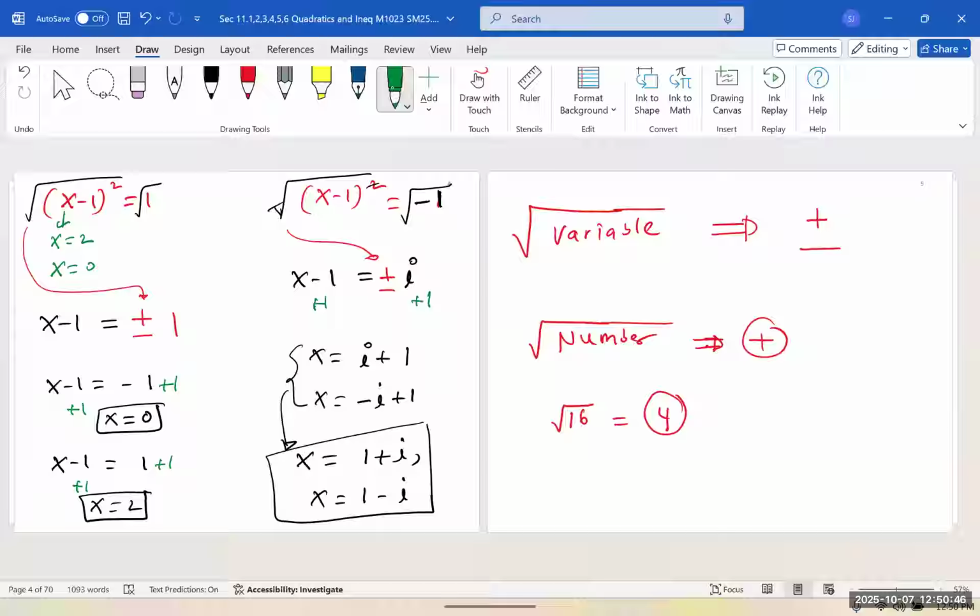However, if they give you x squared is 16, and now you're finding x is square root of 16, see you have x on the other side? So you have two choices, plus or minus 4. Okay? Square root of a variable gives you 2 results, but if you don't have any variable, only number, square root of a number gives you only 1 result, the positive one.